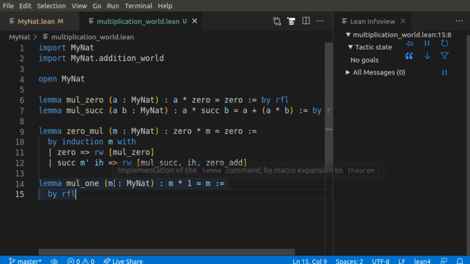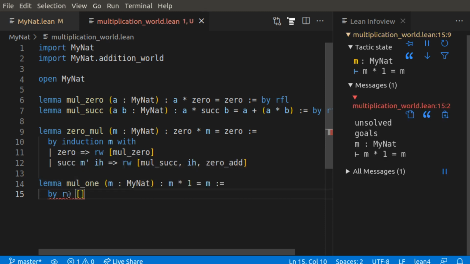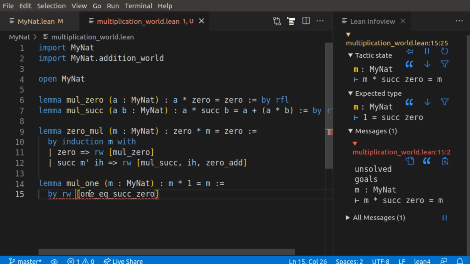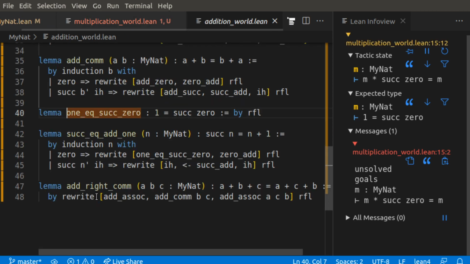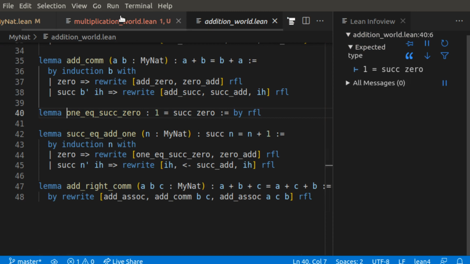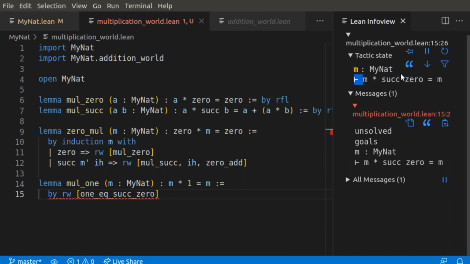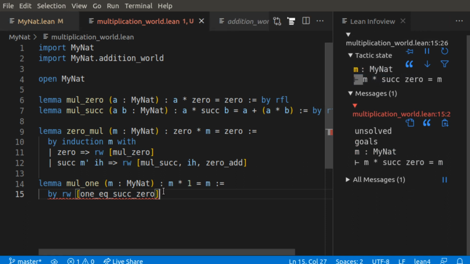Okay, even though the reflexive one works, because I'm guessing if you just expand the definition of what multiplying by 1 is, it just ends up equaling m, I'm going to try to do this a little differently by starting with the theorem we had last time. 1 equals successor 0 from the addition world by definition, and then here we have m, so we go from m times 1.